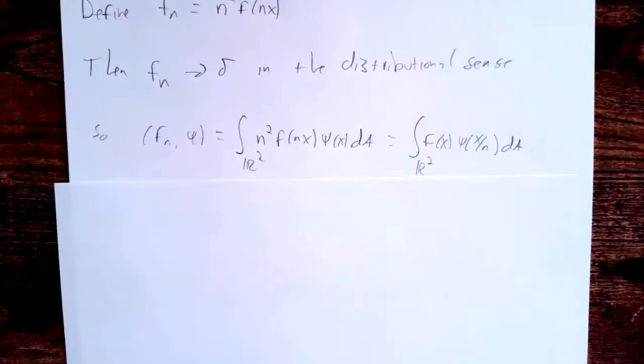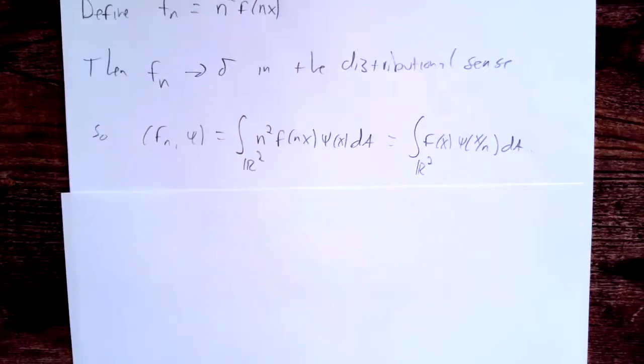So I need to show you that f_n applied to psi, as n goes to infinity, gets closer and closer to delta applied to psi. That is to say, it gets closer and closer to psi of 0. So what's happening? Just write down the definition of f_n applied to psi. There it is.